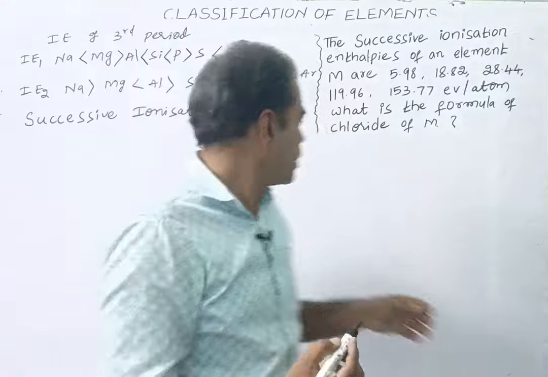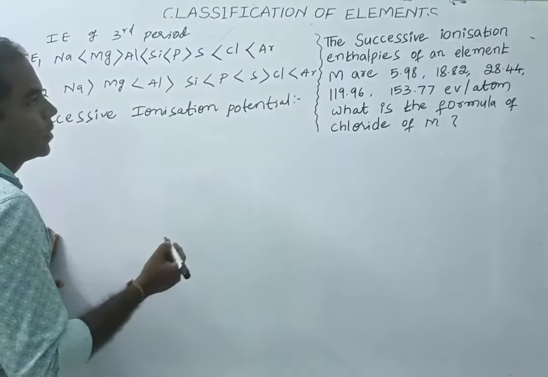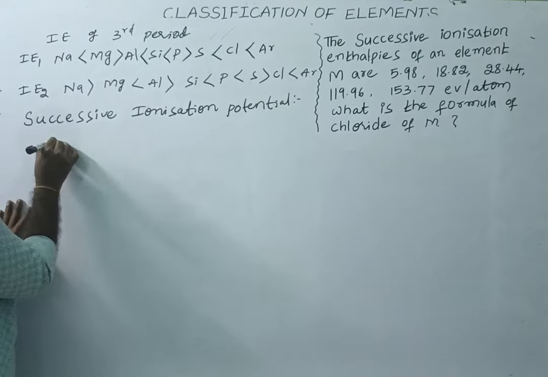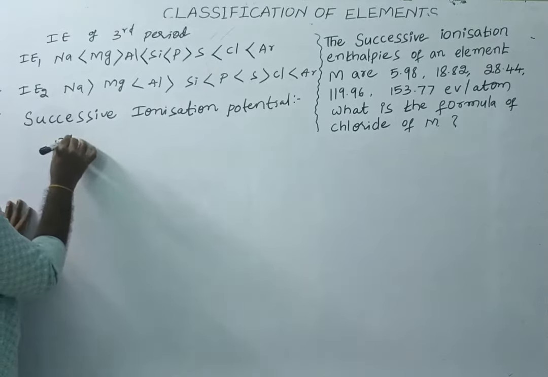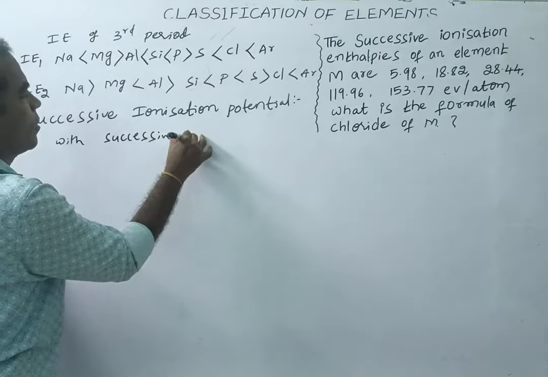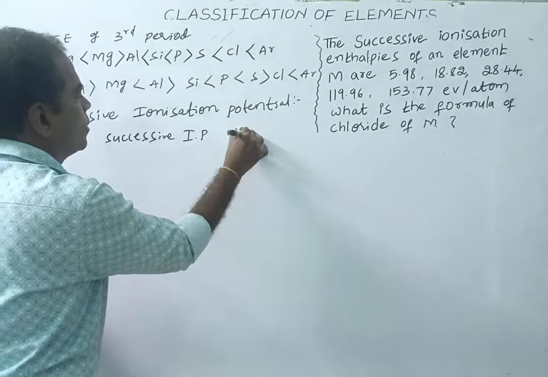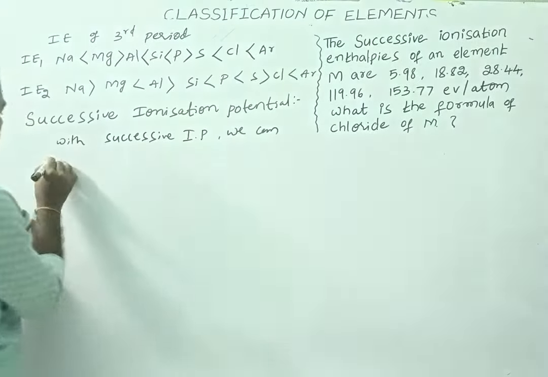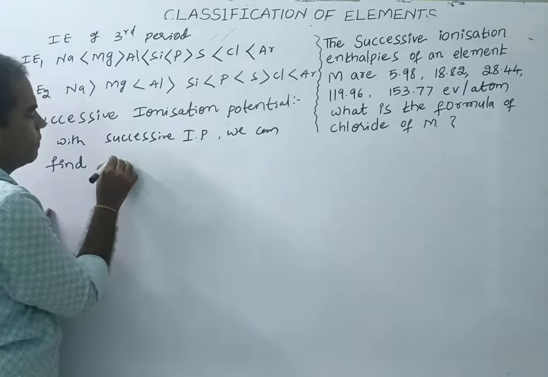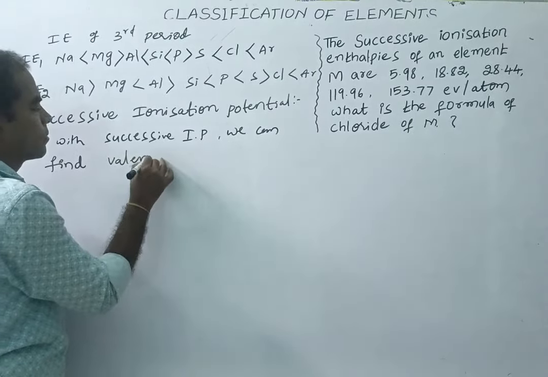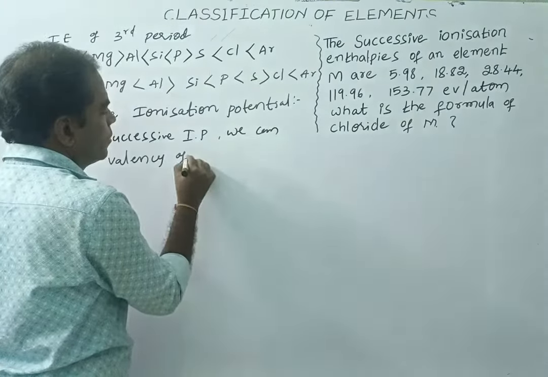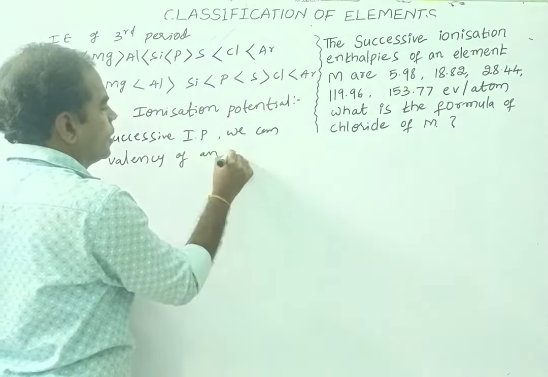See here, with successive ionization potential, we can find the valency of an element.